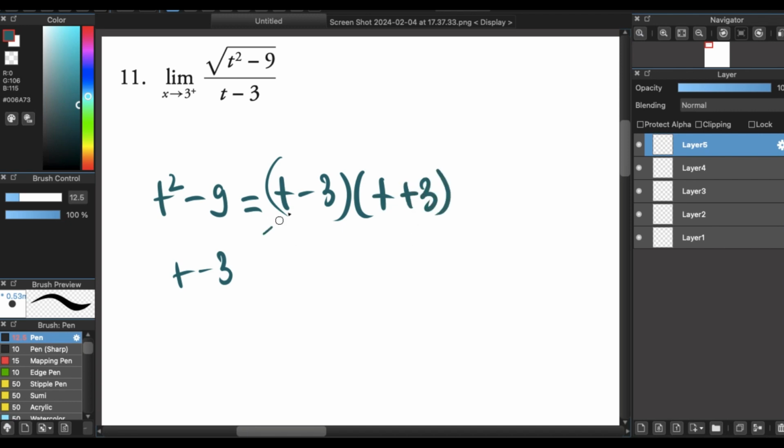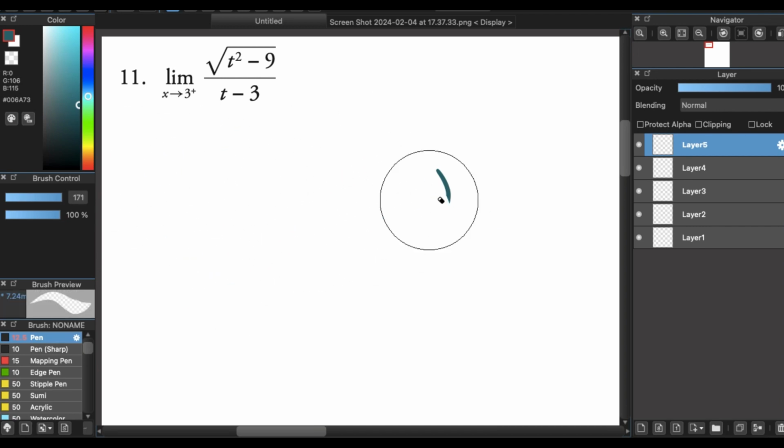And this can be crossed out if we're going to put it like that. So what I'm going to do is multiply this with the square root of t squared minus 9 in order to deal with this annoying square root here.